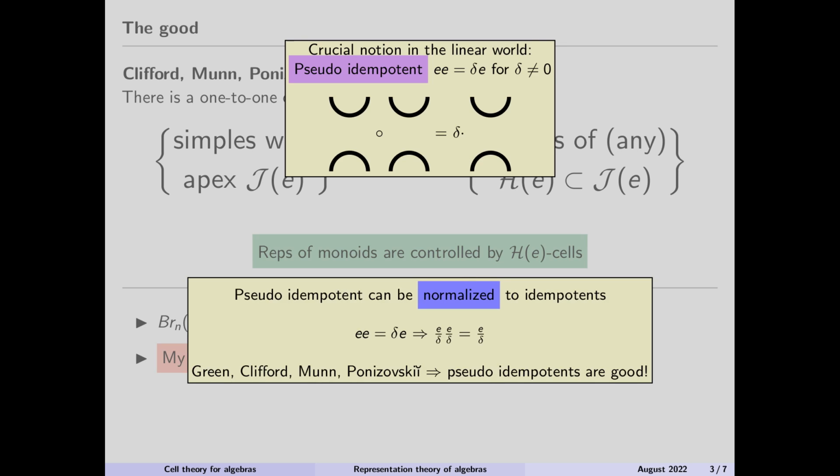So here's my example. Let me explain why. My delta is some parameter from some field, very good. And a picture like this, stacking on top of itself, is almost an idempotent. If you scale up, it's an idempotent. So I can just get rid of it.